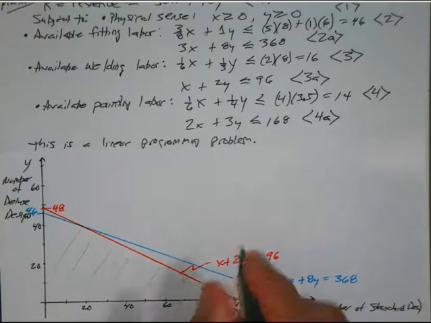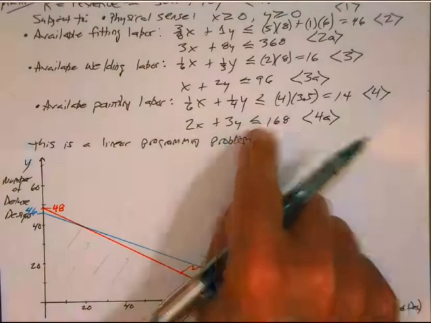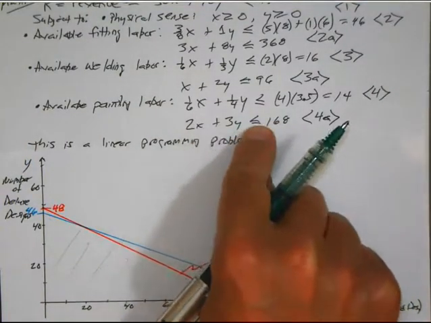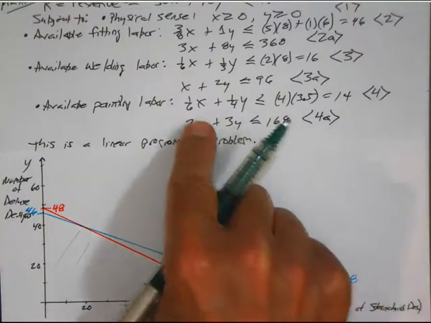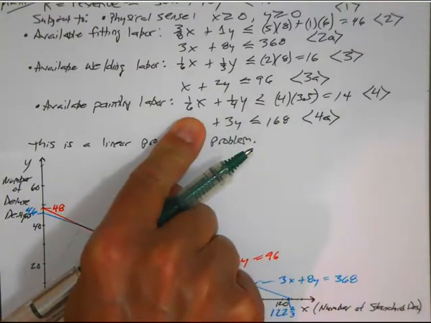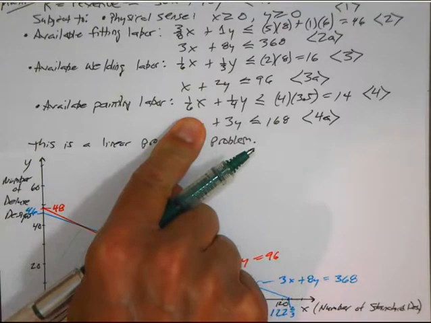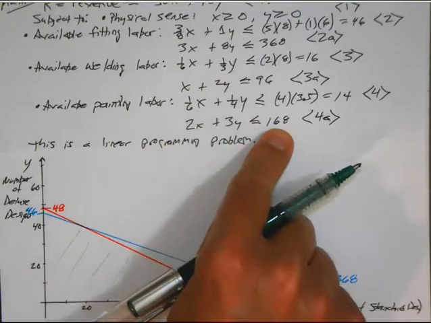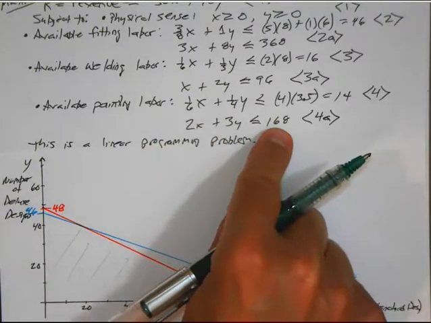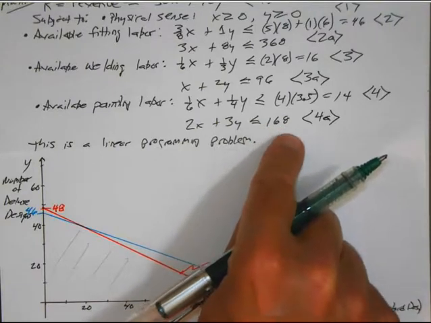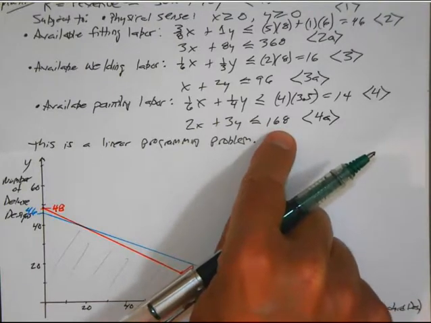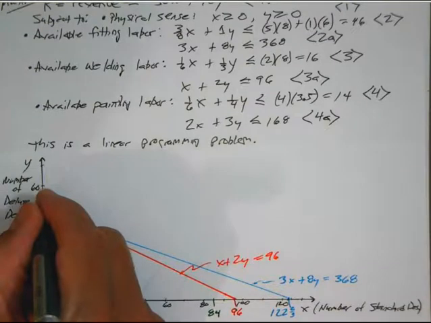Now, for the boundary line, again, imagine this is an equality for a moment. If x is 0, 3y is 168. Y is 168 divided by 3. Let's see. 5 times 3 is 15. 18 left over. 6. Okay, looks like 5, 6, 56. That's about here.